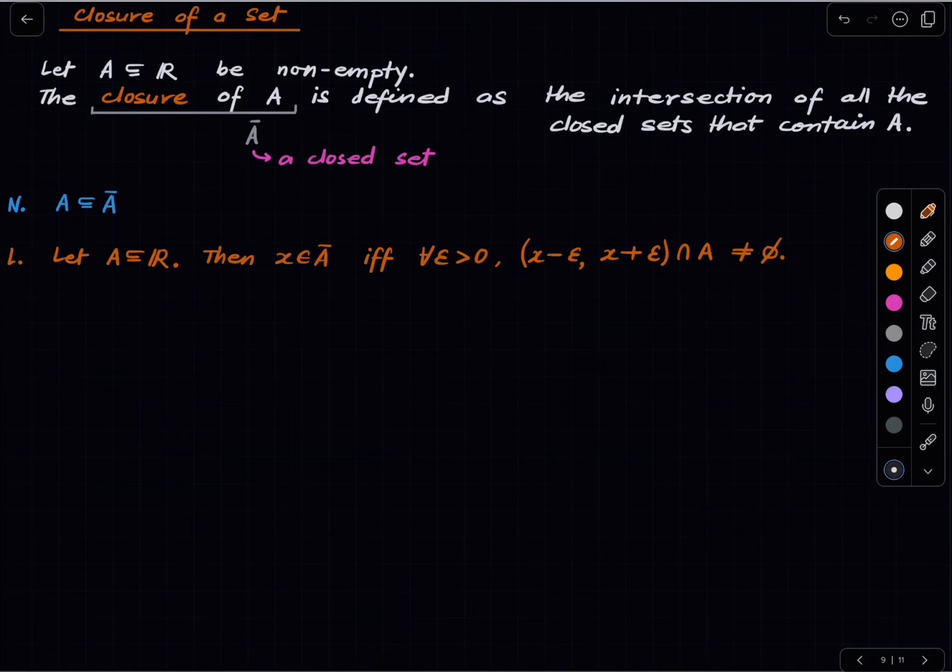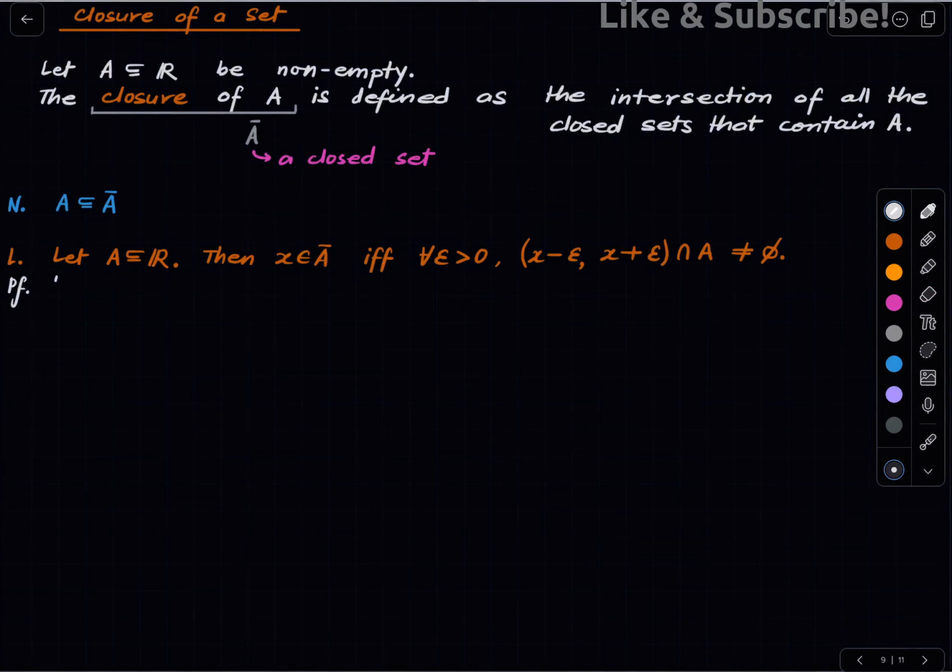So this is the last proposition of this lecture. All we are saying is that x is in A closure if and only if every room around x intersects A non-trivially. This statement is very, very simple. The proof is also just a follow-your-nose argument.